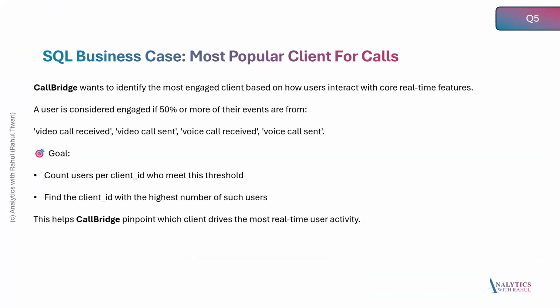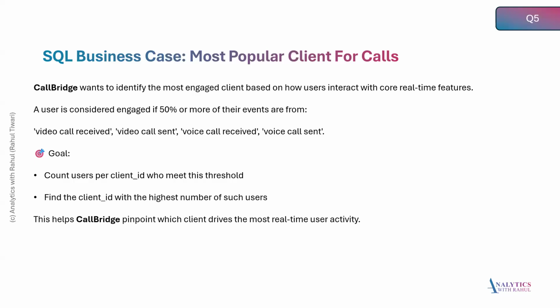Most popular client for calls. Callbridge wants to identify the most engaged client based on how users interact with core real-time features. A user is considered engaged if 50% or more of their events are from video call received, video call sent, voice call received, and voice call sent.